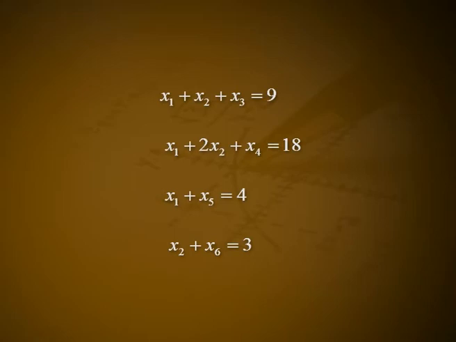Introducing slack variables x3, x4, x5 and x6 to the problem, the constraints become equalities as follows: x1 plus x2 plus x3 equal to 9, x1 plus 2x2 plus x4 equal to 18, x1 plus x5 equal to 4, x2 plus x6 equal to 3.